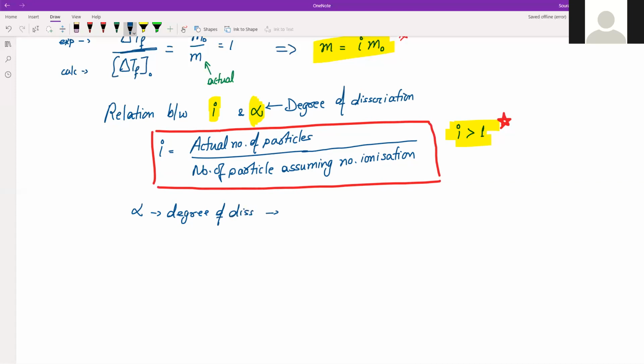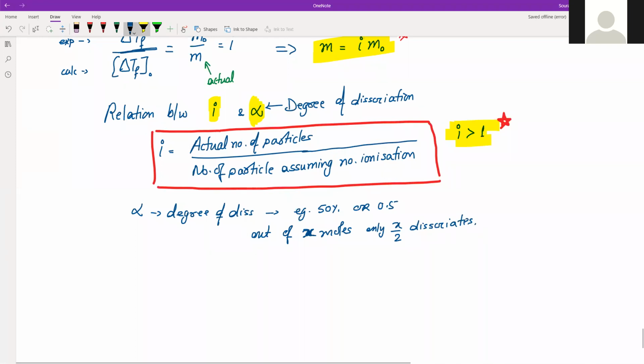For example, if it is 50%, that is, 50% or 0.5, both are the same, that means out of x moles, only x by 2 will dissociate. That's what we mean by degree of dissociation.